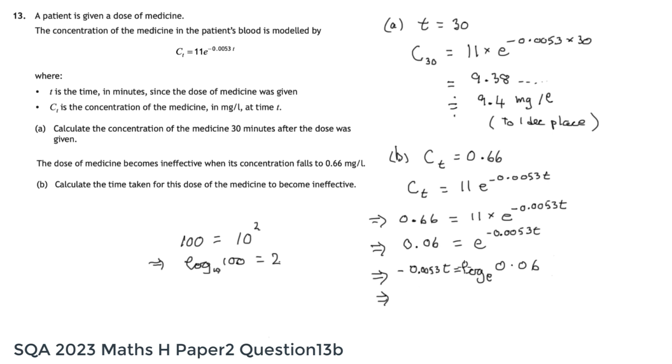Because we remember we're trying to find t, so let's divide both sides by negative 0.0053, and we'll get log to the base e of 0.06 divided by, now it's a negative, the whole thing will be negative, and there's your 0.0053.